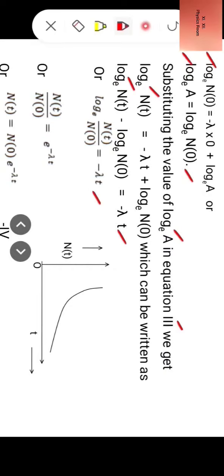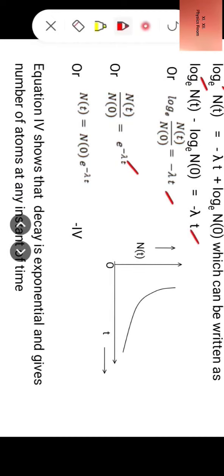This is the logarithmic formula. We know in mathematics we can write log Nt by N0 equal to log Nt minus log N0. Now from here we get Nt by N0 is equal to e raised to power minus lambda t, or Nt is equal to N0 into e raised to power minus lambda t.